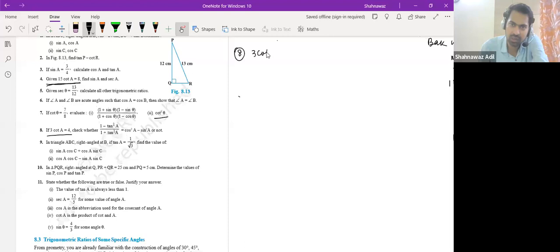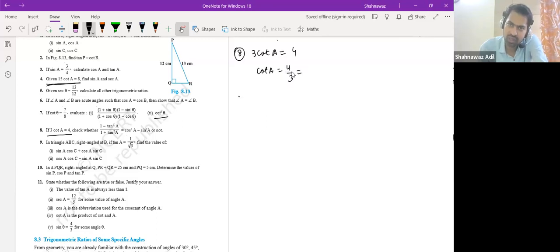3 cot A is equal to 4, right? So can you identify what is cot A? 4 by 3. Right. So cot A is 4 by 3.